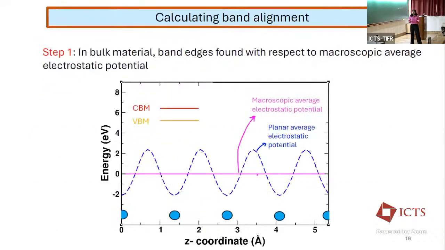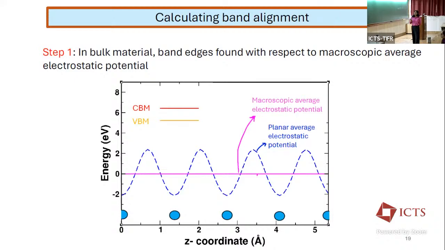So how do we calculate the band alignment? For these two materials, the band structures and band edges do not follow a common reference level. So first I take the bulk material, where this is energy and this is the Z coordinate along the material, and these are the atoms.